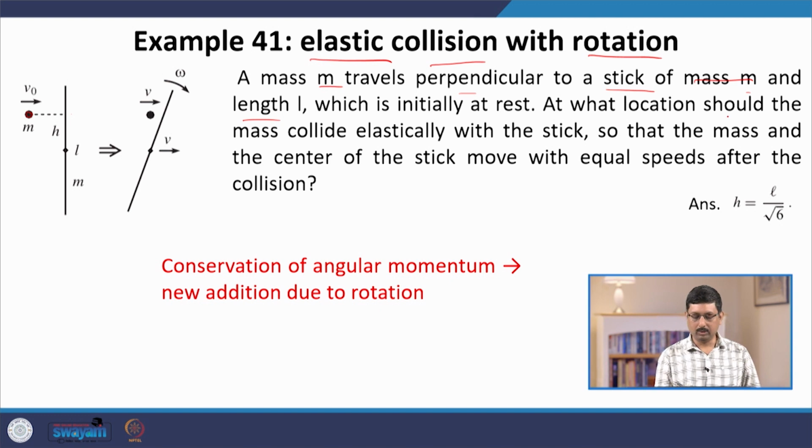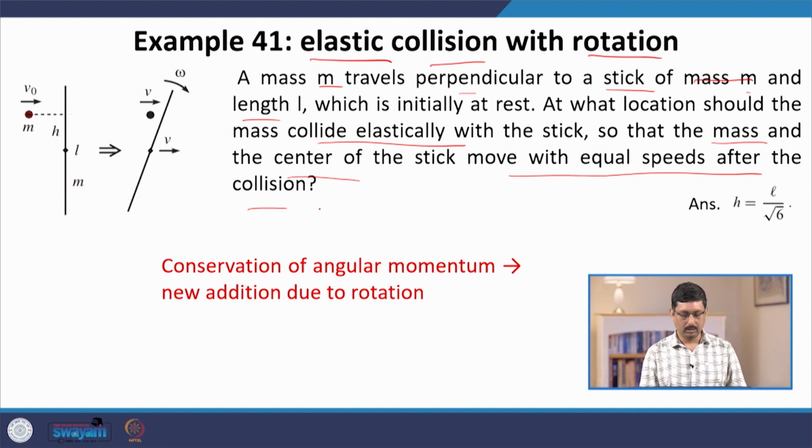What is the location where it should collide elastically with the stick, so that the mass and the center of the stick move with equal speed after the collision? The new thing in this analysis is that we now also need to consider the conservation of angular momentum, so we have to consider the effect of rotation.